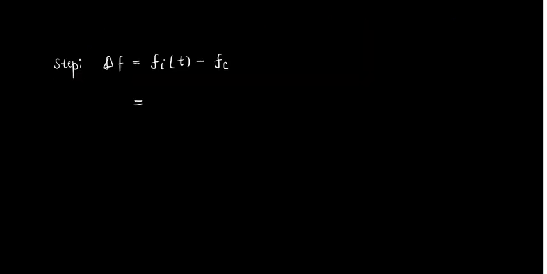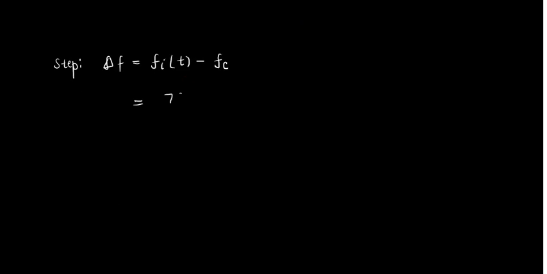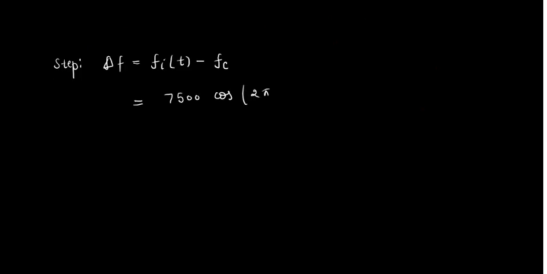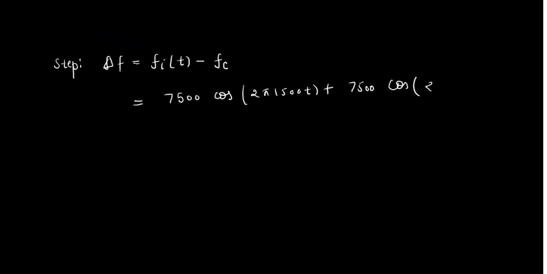So if you write your frequency deviation, that is 1500 into 5, 7500, 7500 cos 2 pi 1500 t plus 7500 cos 2 pi 1000 t.